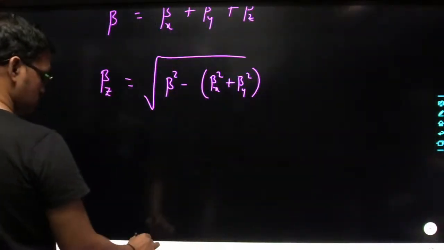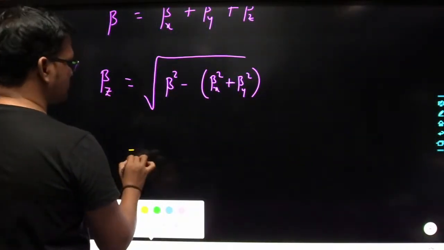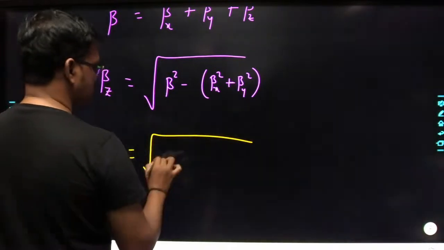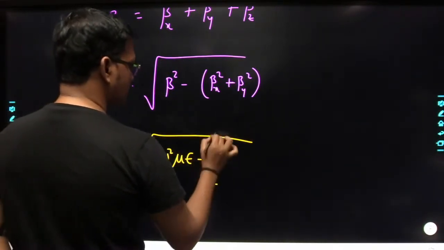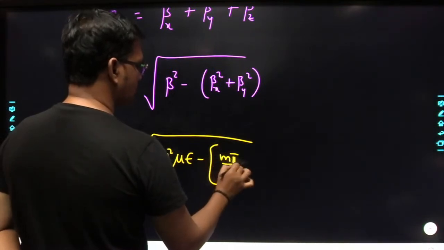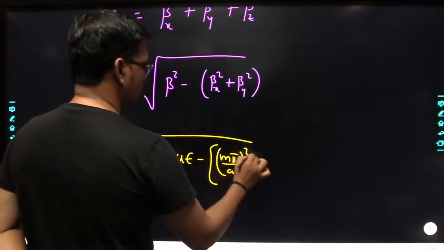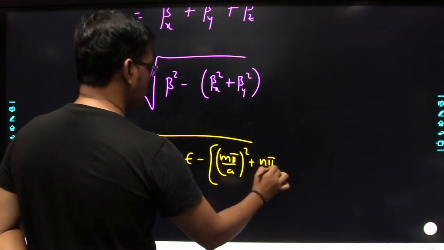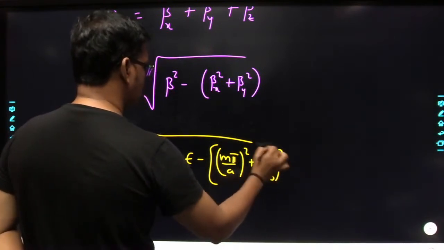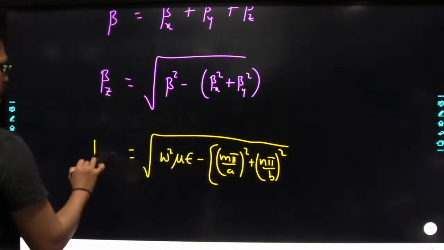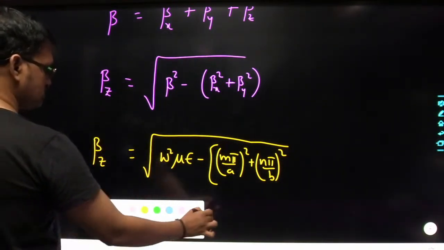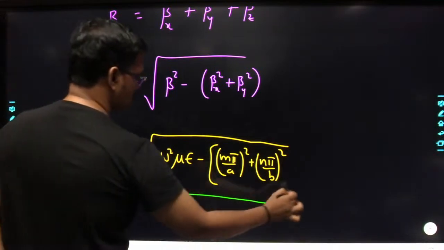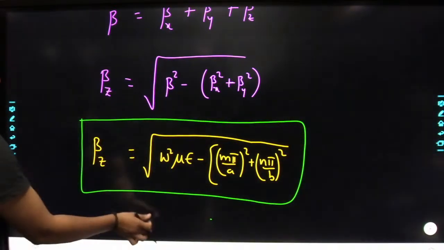So here beta square is nothing but omega square mu epsilon minus, where beta x is m pi by a whole square plus n pi by b whole square. This is the expression for the phase constant along the net propagation direction.